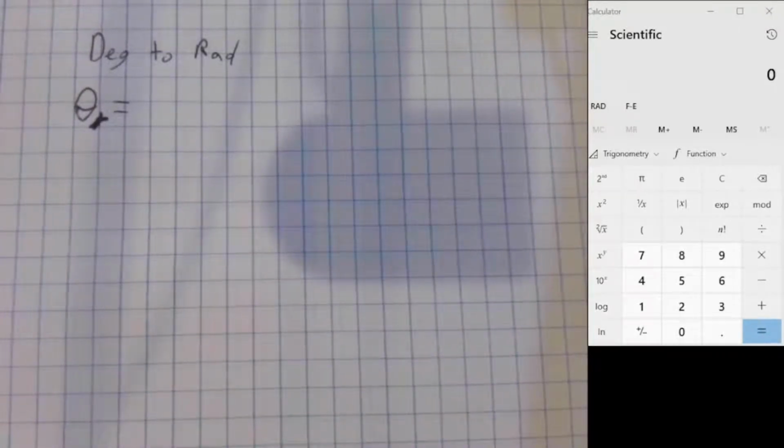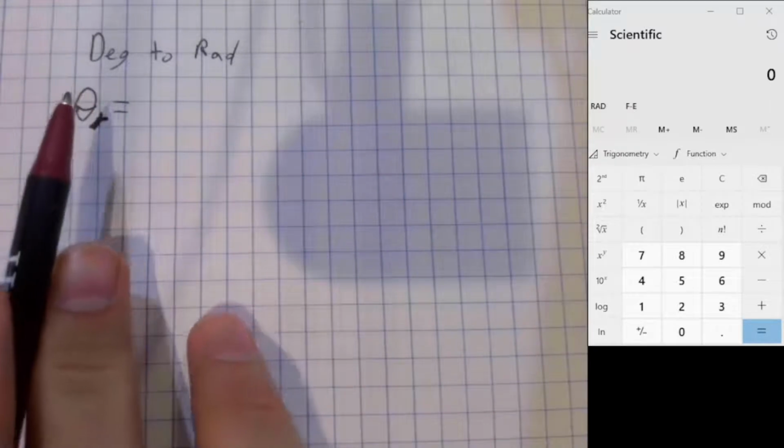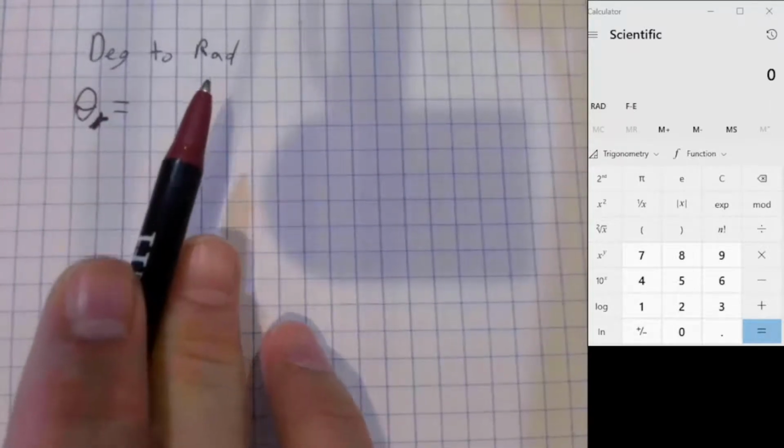A full circle has an angle measure of 2 pi radians, or 360 degrees. We also know that a half circle has an angle measurement of pi radians, or 180 degrees. We can create some simple formulas to change between angles in degrees and angles in radians, or vice versa.